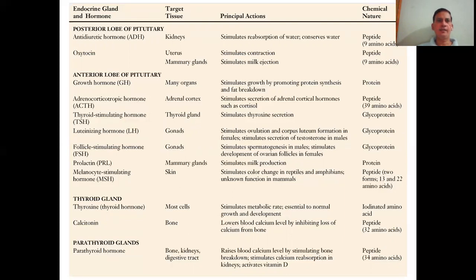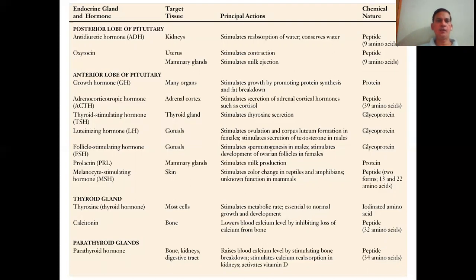Another hormone which is secreted at the posterior lobe is oxytocin. The target cells are the uterus and the mammary glands. When it acts on the uterus, it stimulates contraction, and on the mammary gland, it stimulates milk ejection. Both of these hormones are peptides of 9 amino acids. There's another part of the pituitary which is the anterior lobe.